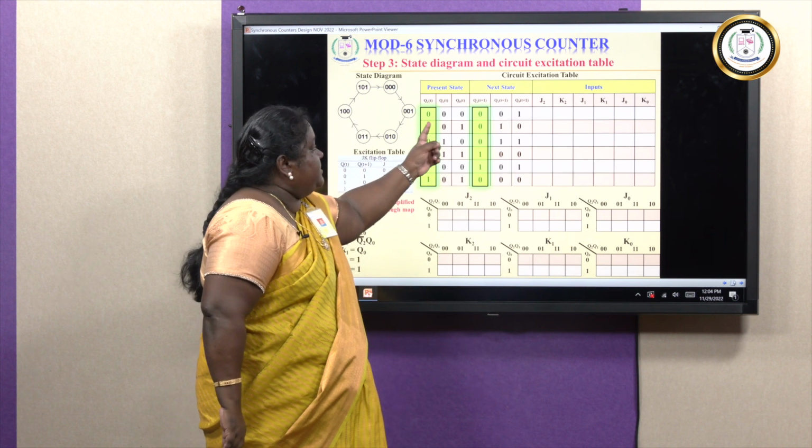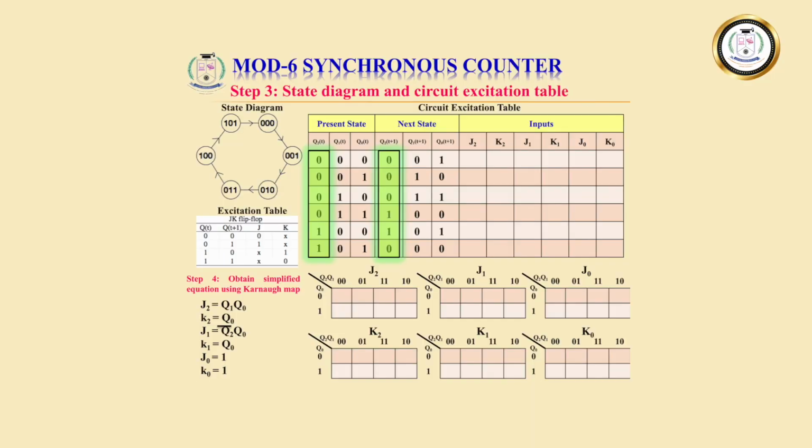For 0, 0, it is going to be 0, don't care. So 0, don't care. And for 0, 0, again it is 0, don't care. And for 0, 0, again it is 0, don't care.